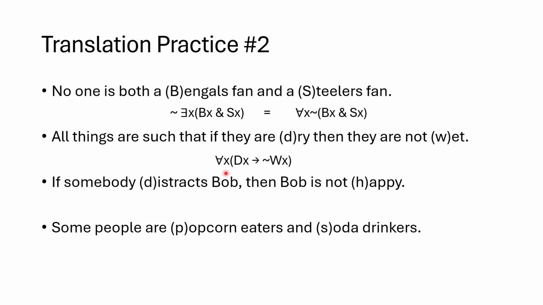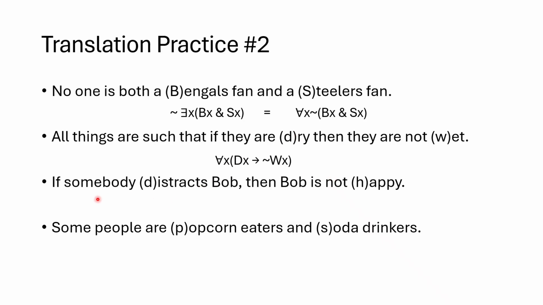It's important to have this scope delineated correctly to capture the meaning of the sentence, because if we use different variables in different places, then we ultimately change the whole meaning behind the sentence. So it's important to know what variable is being attached to which predicate, and the scope of each of those quantifiers. So there's the first one.